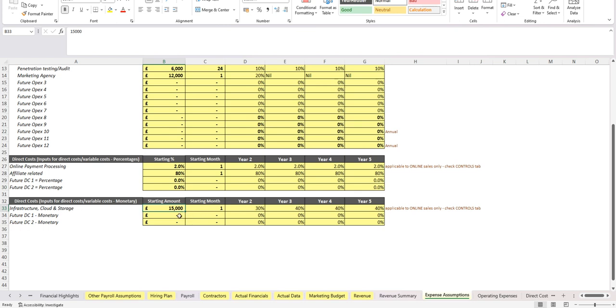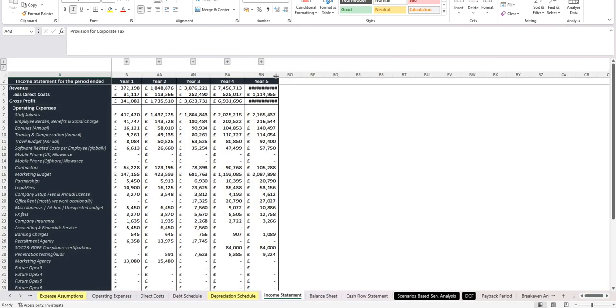So how much, and you see this is going to skyrocket because obviously they're going to have a lot of storage and processing as they grow, okay? Now, I'm not going to bore you with other stuff here. Obviously, there are things like income statement that you have per month, per year.